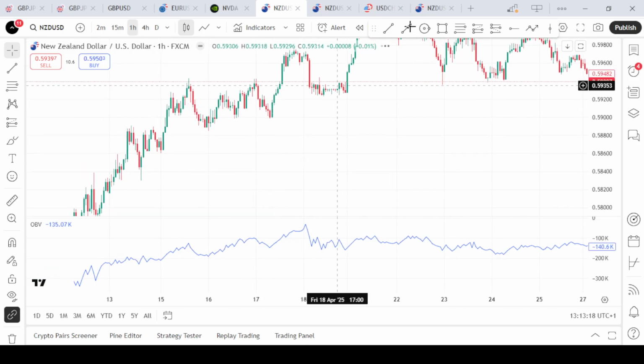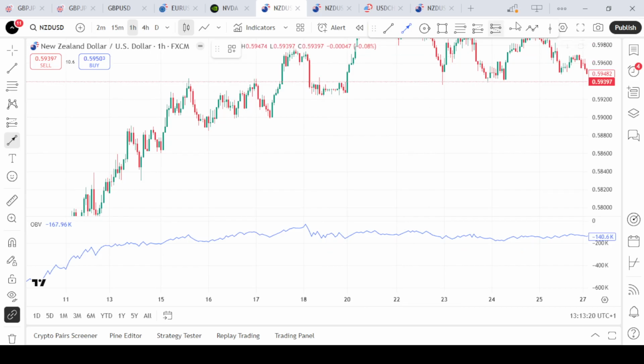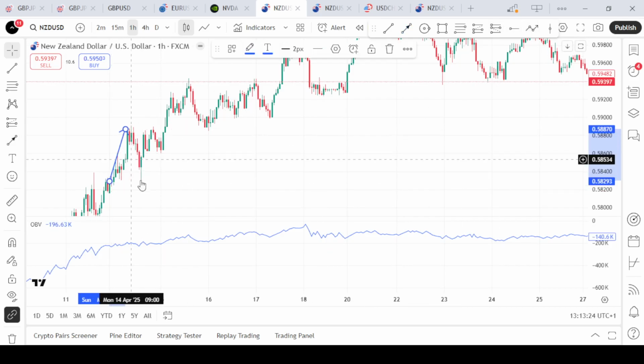And as you can see in this area, the price is making a series of higher highs and higher lows.